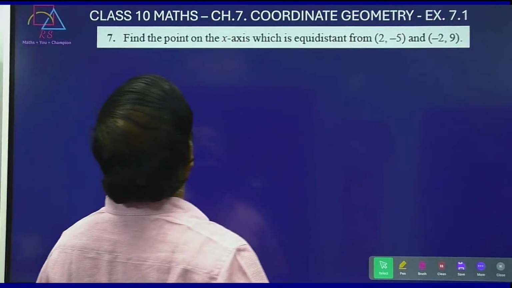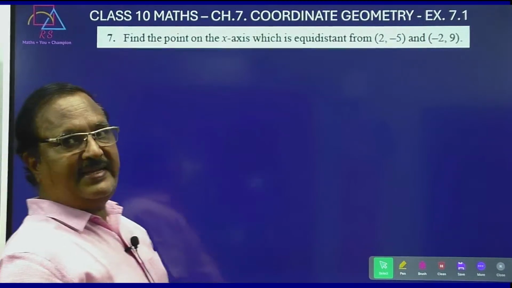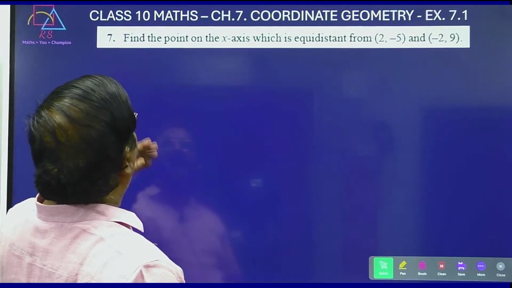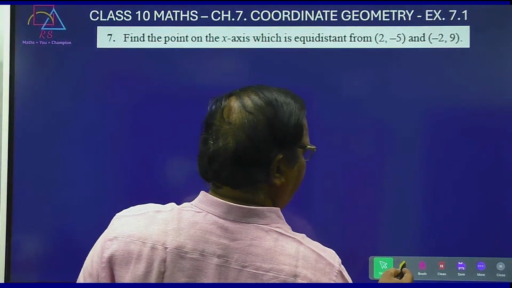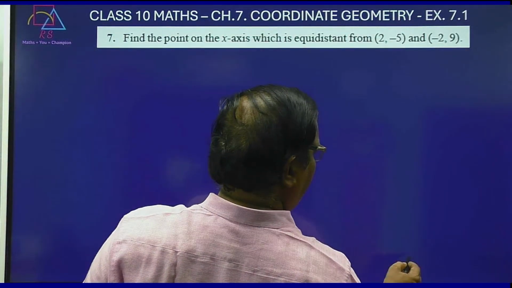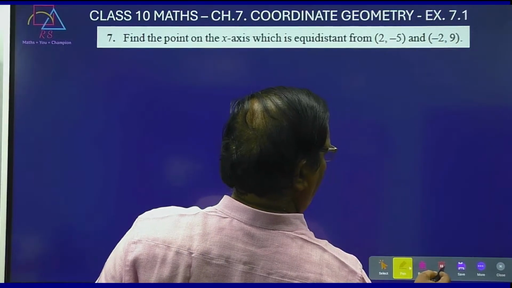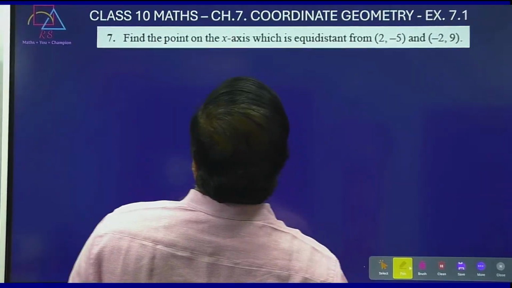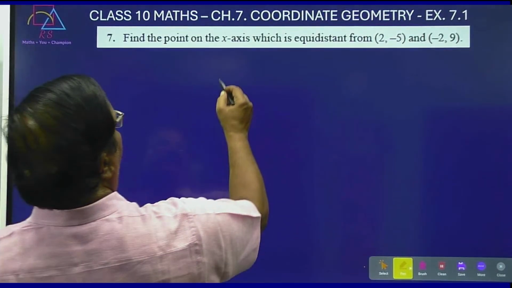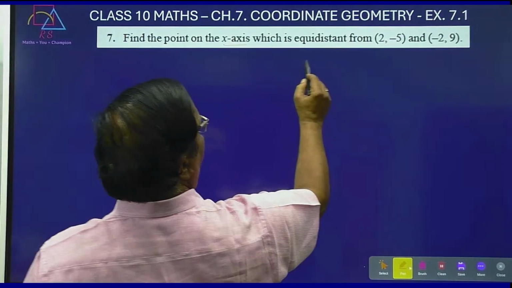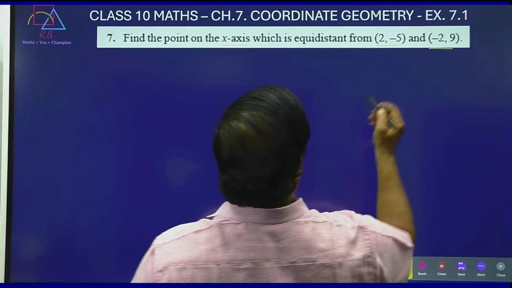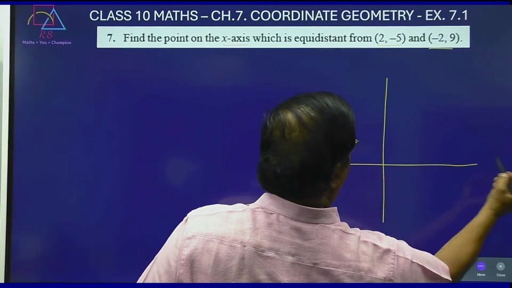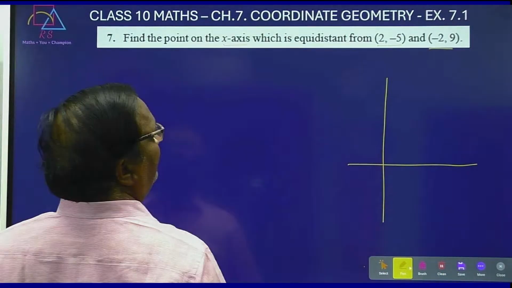Find the point on the x-axis which is equidistant from these two points. It is a very important question. Now let me write the x-axis here and write the points also.